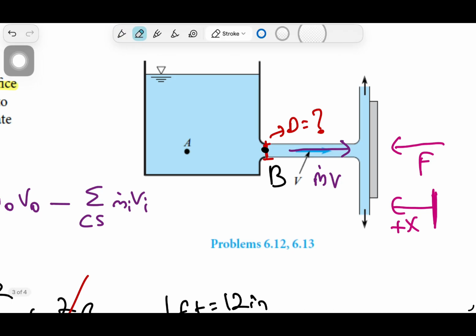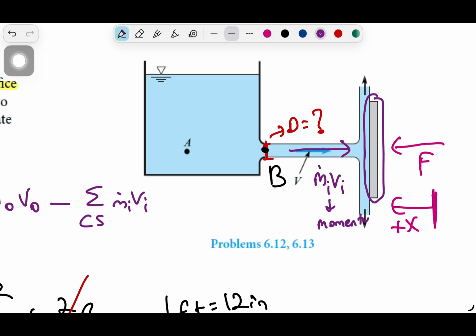So here we can say that if you consider this plate, we have an inflow coming through this plate. So we have m dot i v i, mass flow rate times velocity, which is momentum rate.